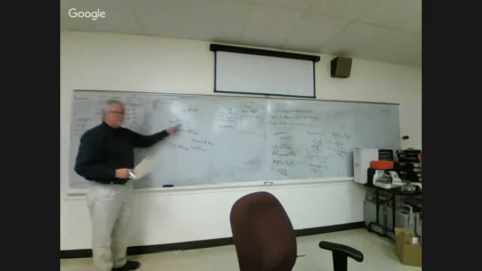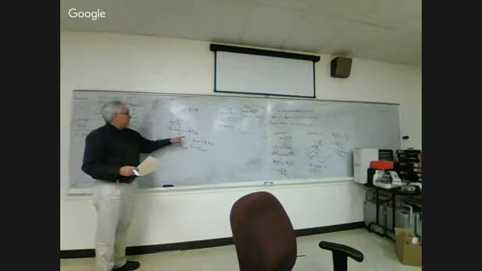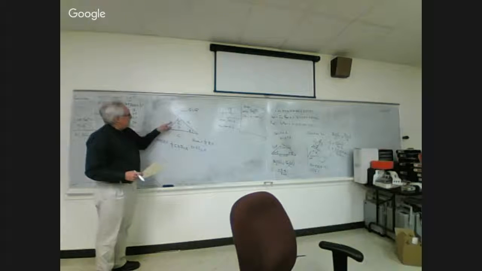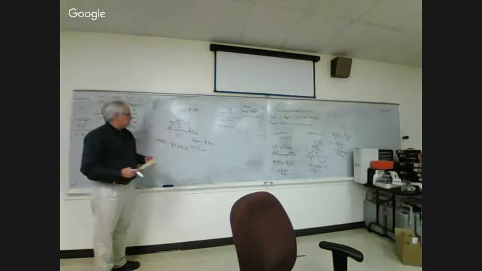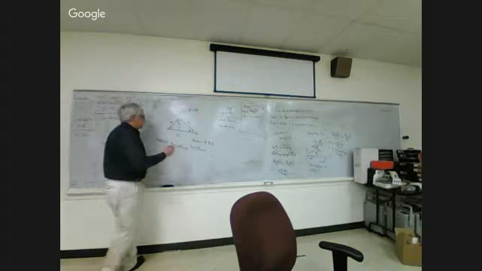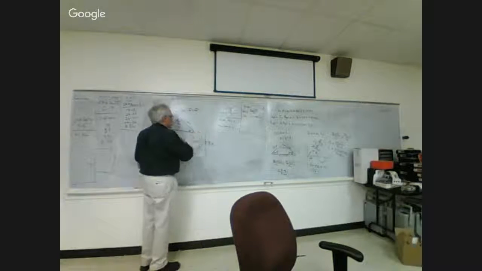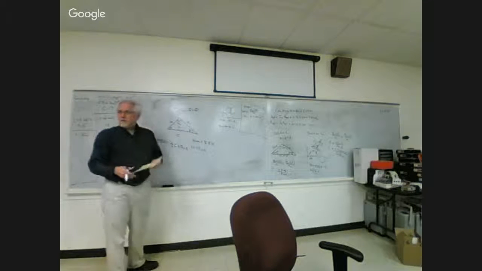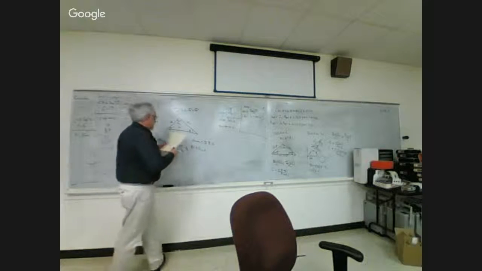Do you see where that came from? But you could also do it from here, or from here and draw the height there. You'll get the same answer, but there are three different ways depending on where you did the calculation. Every one of them will give you the same thing.